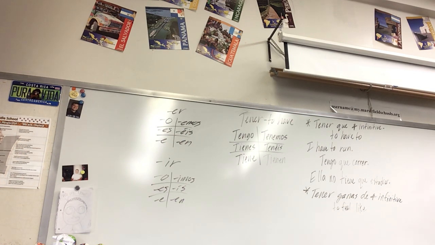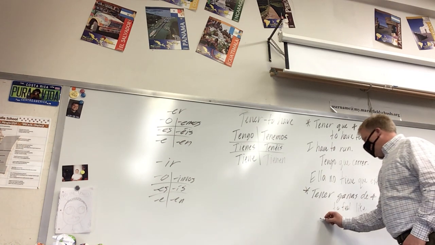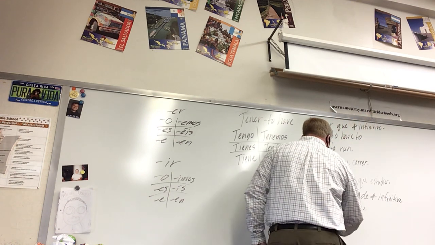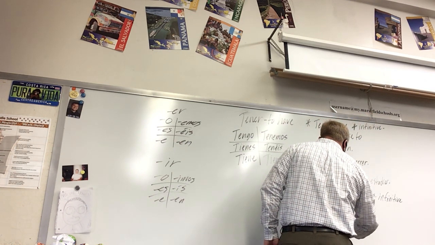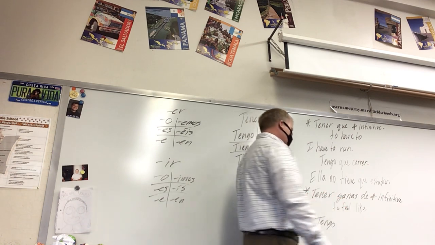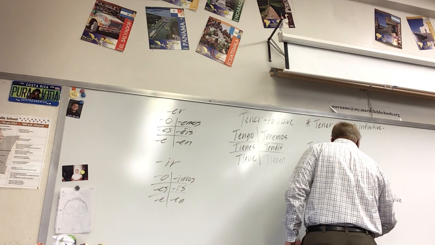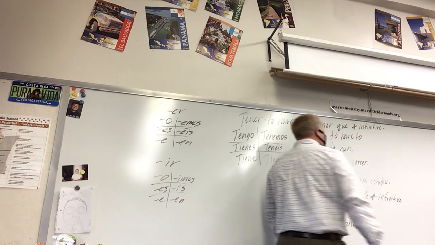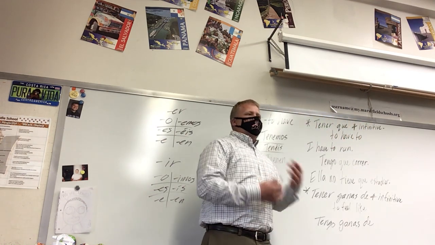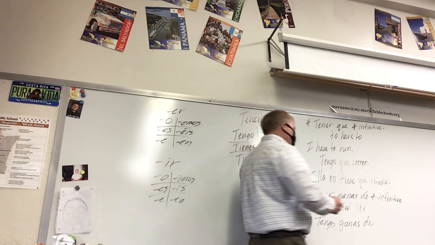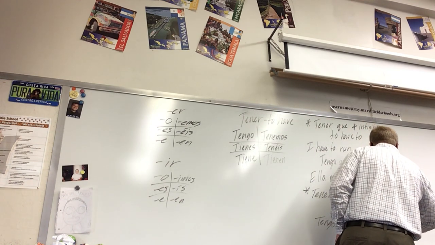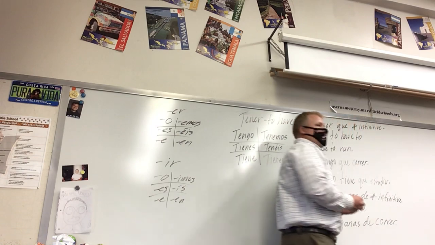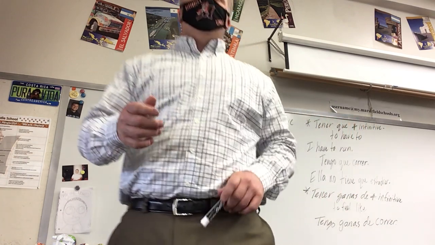So if I want to say, I feel like running, I'd use the yo form of tener, which is tengo. My next word is ganas. It's always going to be ganas. Tengo ganas de. What's my infinitive? What's my action? What do I feel like doing? Running. So, correr. Okay? Tengo ganas de correr.